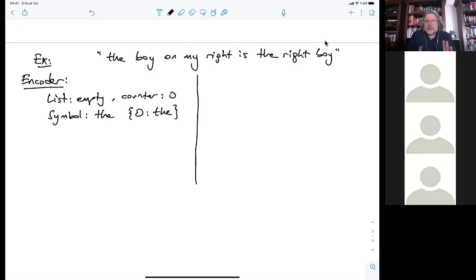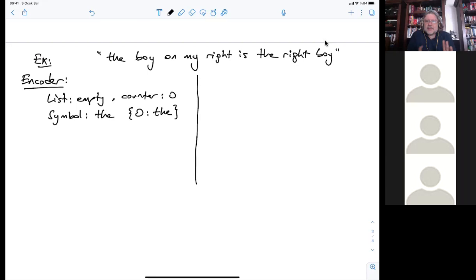The implementation is really software engineering, but this is the idea I'm trying to express. So we have a representation of 2 symbols here. The first one is the count, which is 0, corresponding to the place, and then the symbol itself, "the". It must be there because we are going to transmit it. Otherwise, how can the decoder decode this?